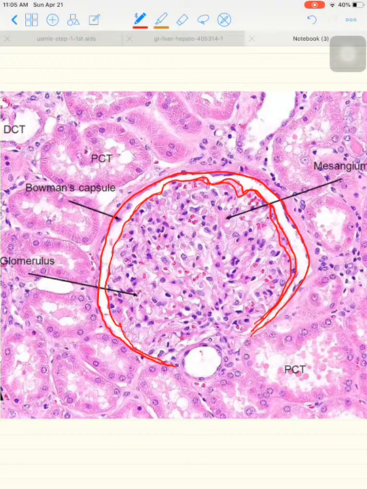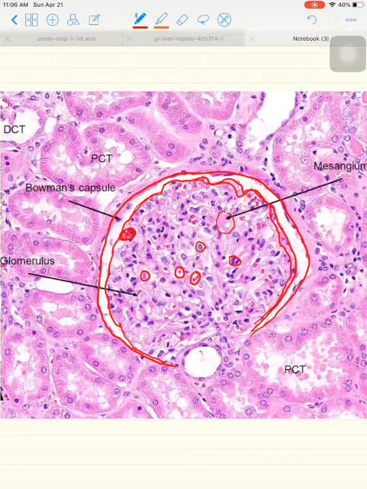Here we can see the WBCs inside the lumen of the small capillaries. Here is the RBC, and here is the nucleus of the endothelium. These are the capillaries, and here we can see the mesangium, and the mesangial cells we find somewhere.